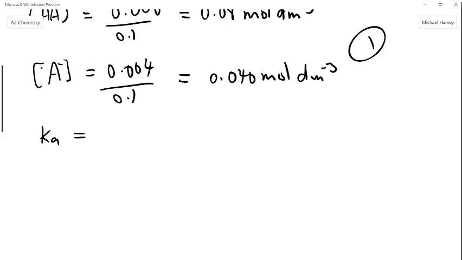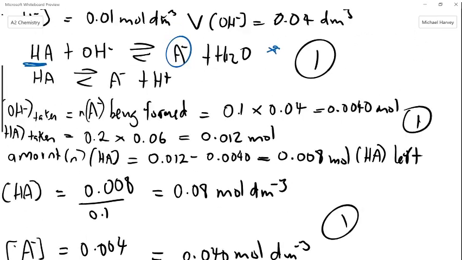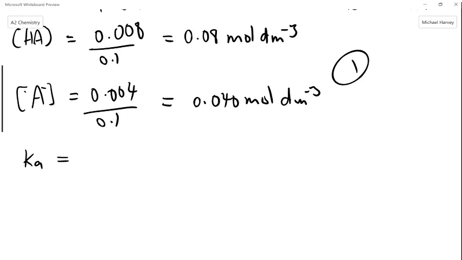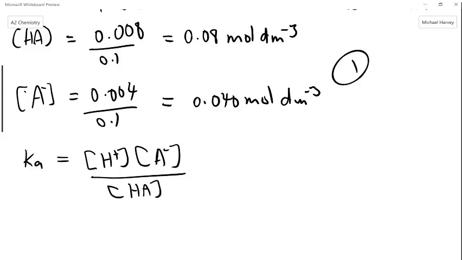So Ka, from our second equation here, is going to equal the concentration of H plus times the concentration of the conjugate base divided by the concentration of your weak acid.